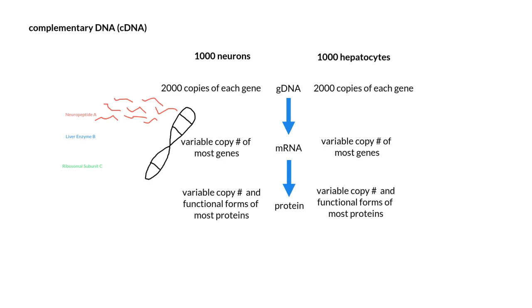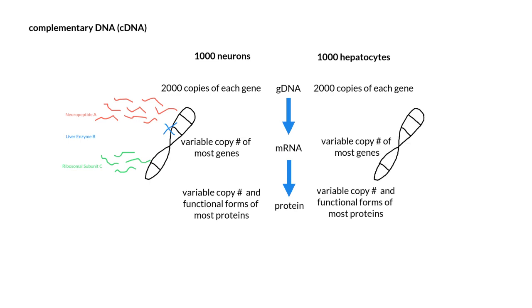Whereas the liver enzyme B maybe has no production whatsoever, because liver enzymes typically aren't used for any functional purpose inside a neural cell in a human. Okay? And a third situation with the ribosomal subunit C, where perhaps there is some expression of that going on because every cell in the human body, or I should say most every cell, needs ribosomal subunits for basic translational purposes.